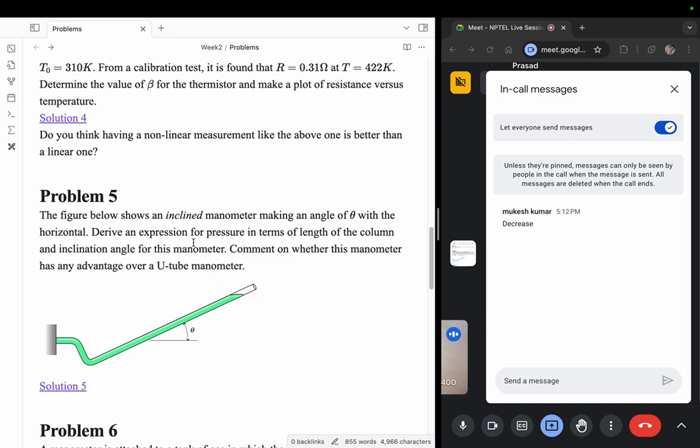So the question asks you to find the pressure here. Let's say I tell you the height of this column from this reference point is h. So what will be the pressure at this particular point?